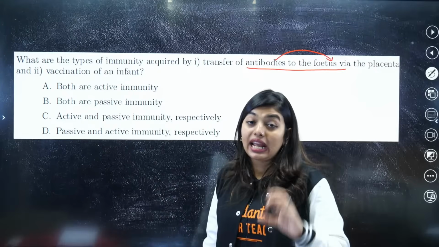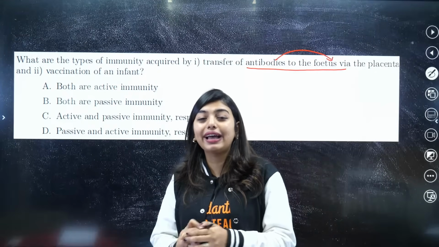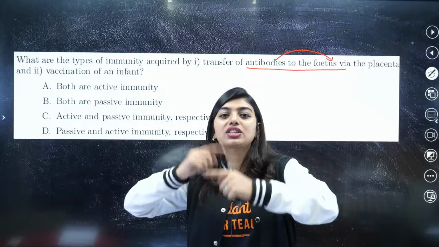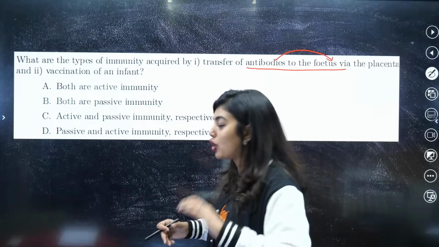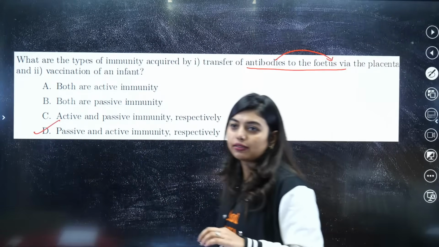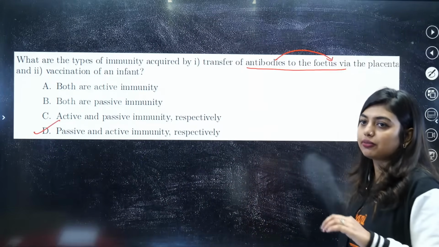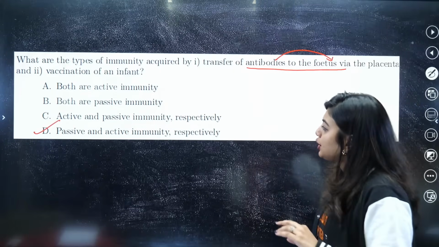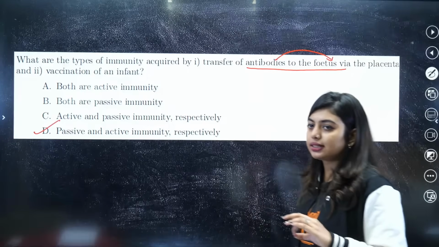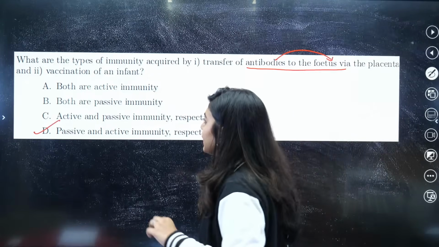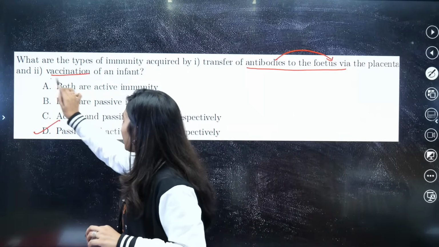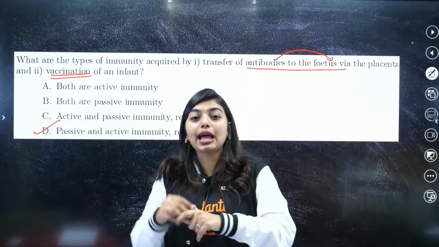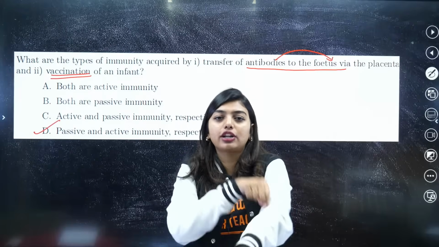Vaccination of an infant. In vaccination, I'm going to give an inactivated form, and the body will start forming its own antibody. So it's going to be passive and active. Not B. Carefully listen to me. Vaccination in an infant. Vaccination is a weakened antigen. That means I am giving a weakened foreign particle to my body.